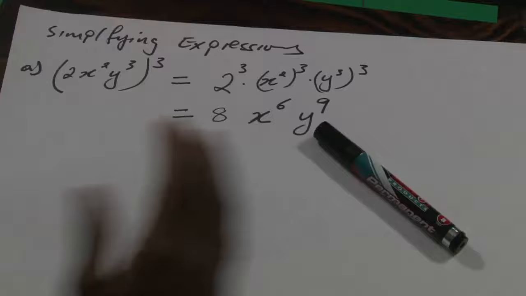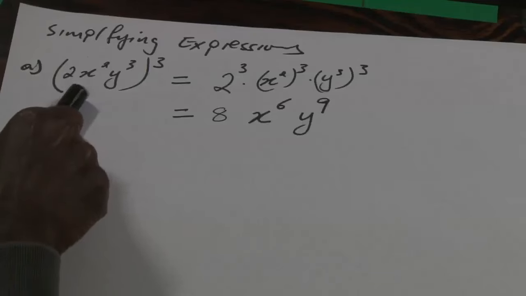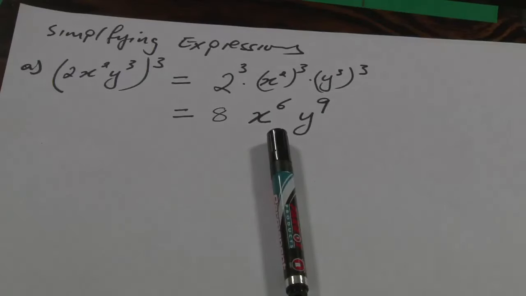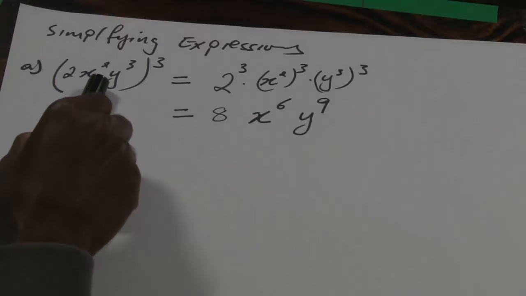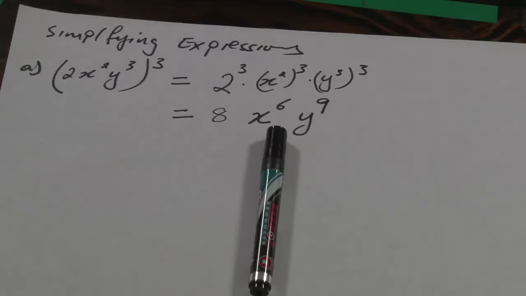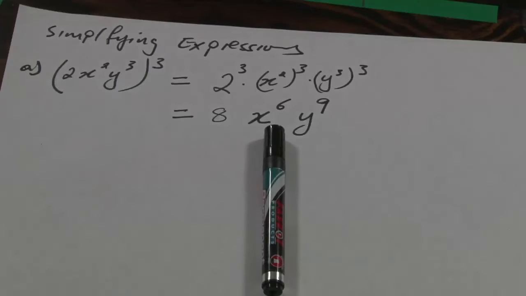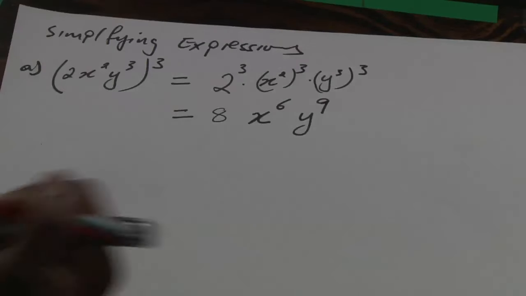So we have simplified this expression into a much simpler and more compact one without changing the value of the expression. So this is equal to that. It's just that this one is in a simpler form, but they are basically the same. So that's how you use the laws of exponents.